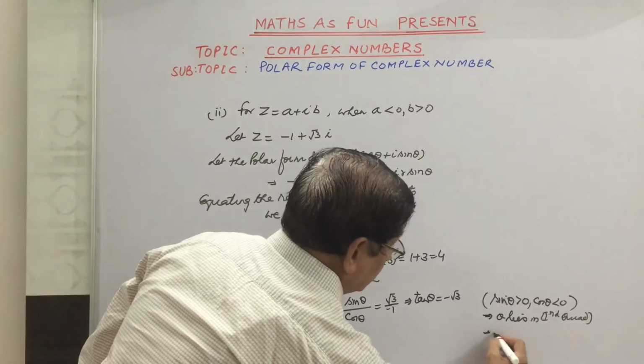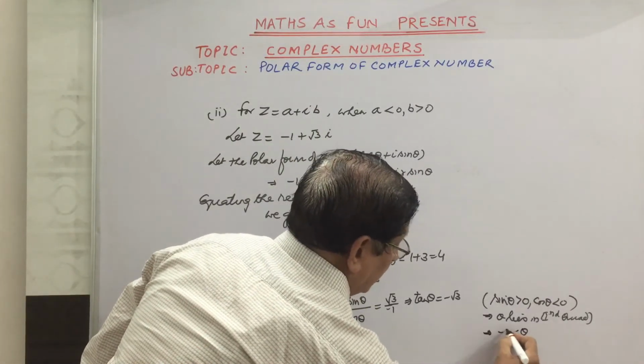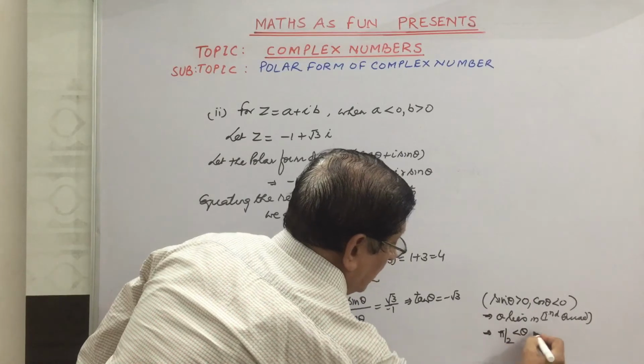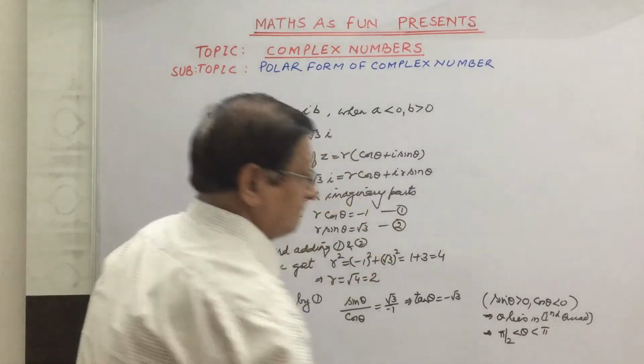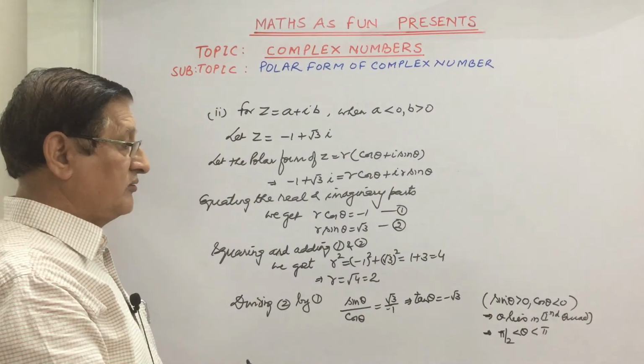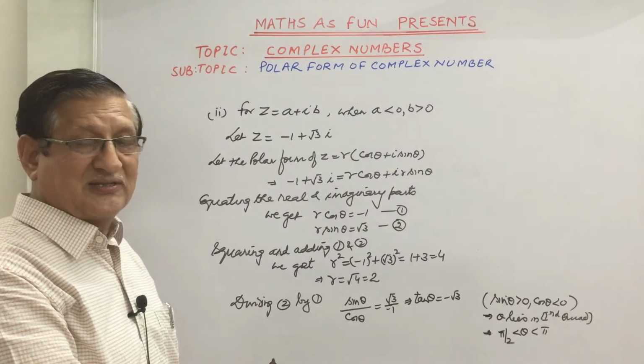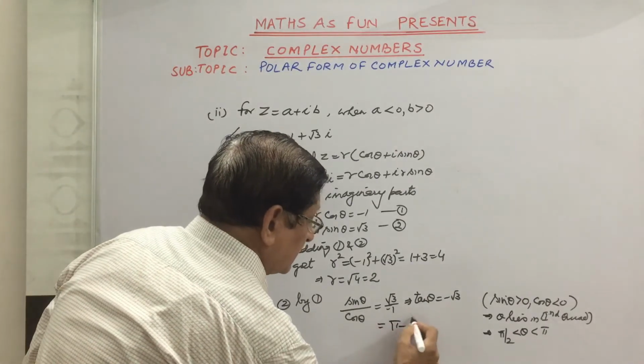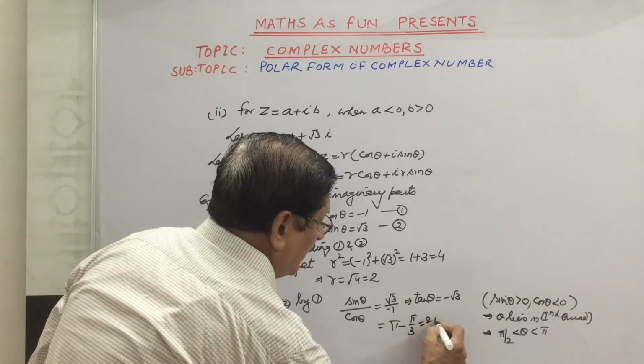Or we can say theta lies between pi by 2 and pi. And we know such a value is pi minus pi by 3, that is 2 pi by 3.